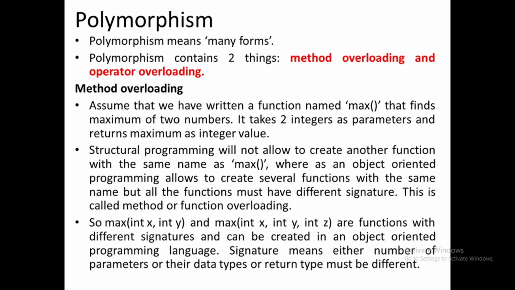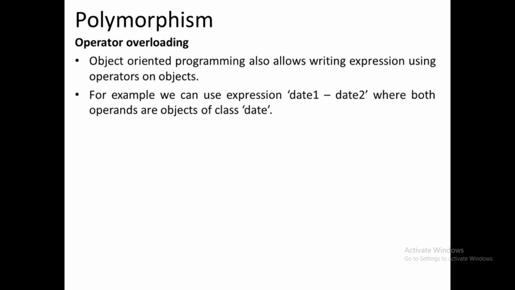Another is operator overloading. Object-oriented programming also allows writing expressions using operators on objects. For example, we can use the expression date1 minus date2, where both operands date1 and date2 are objects of class date.